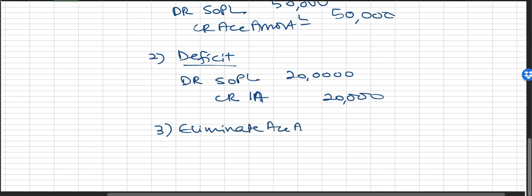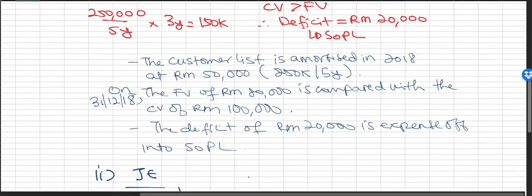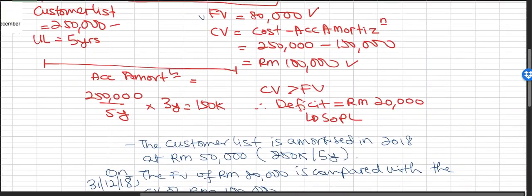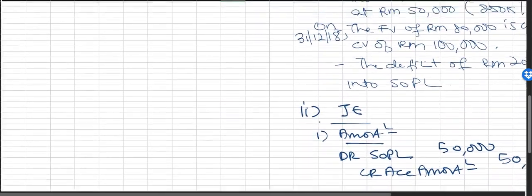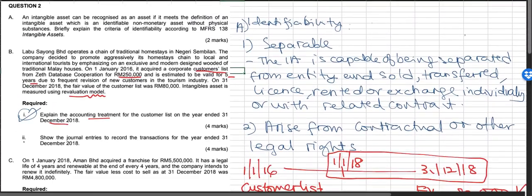So when you eliminate, you debit the accumulated amortization and credit the intangible asset. The accumulated amortization that you calculated is 150,000, so you debit and credit 150,000. That shall answer part 2 here.